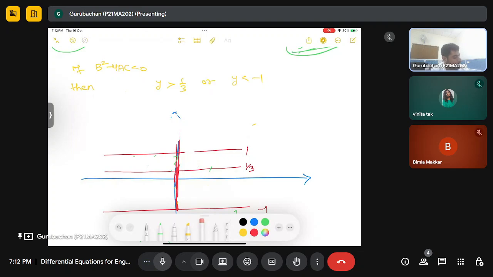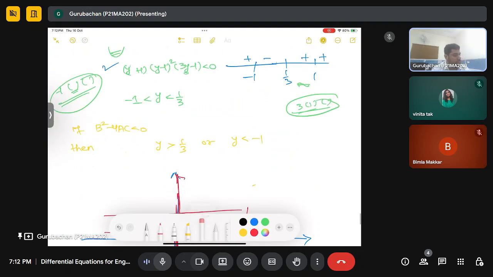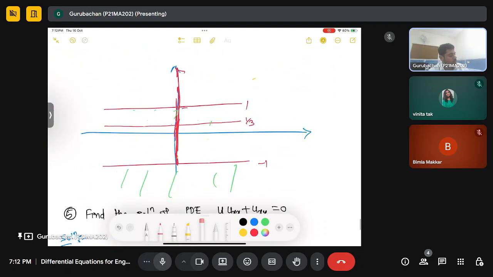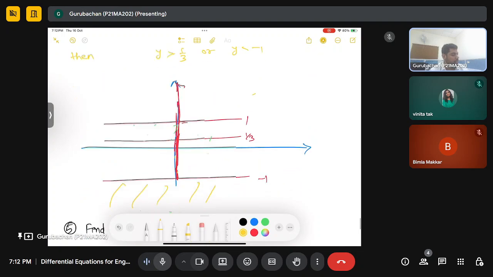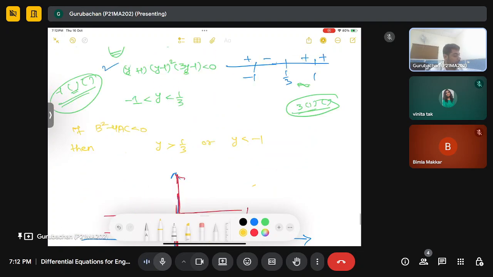Before minus 1 it is elliptic, and after 1 by 3 it is also elliptic.